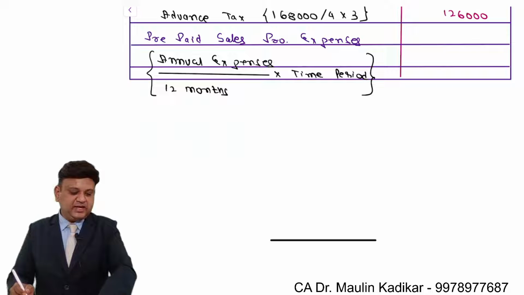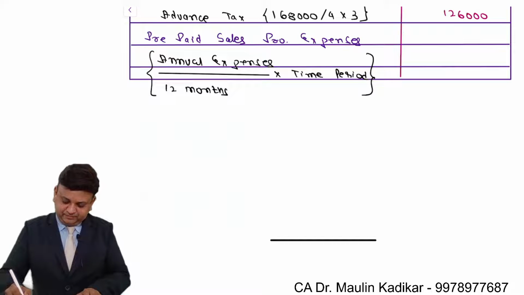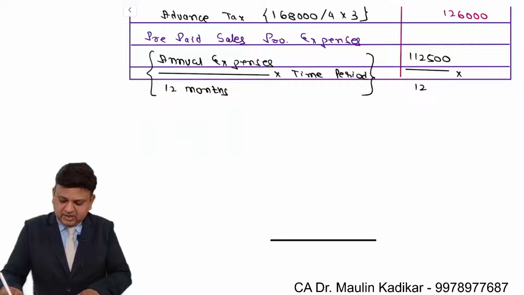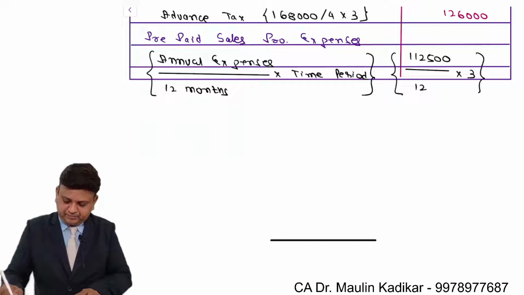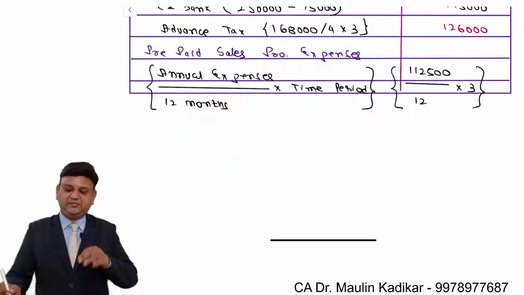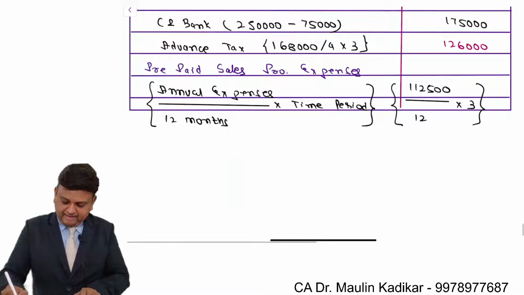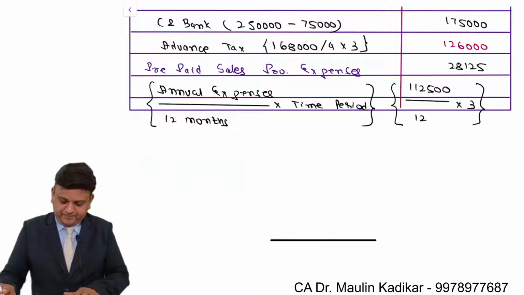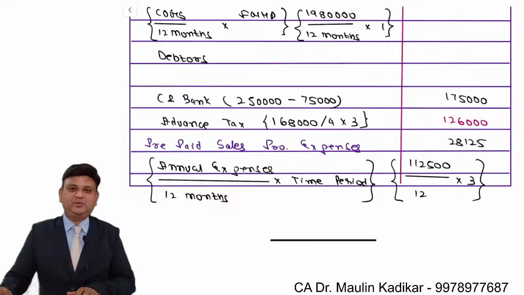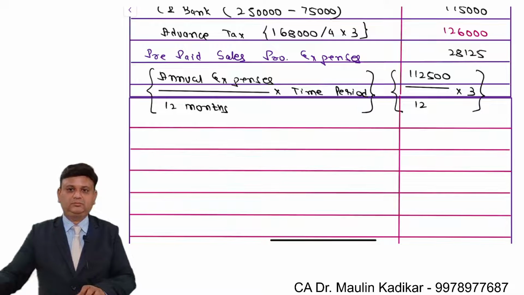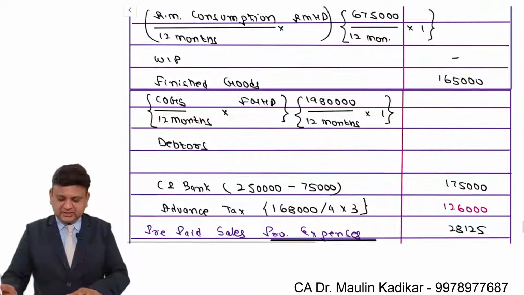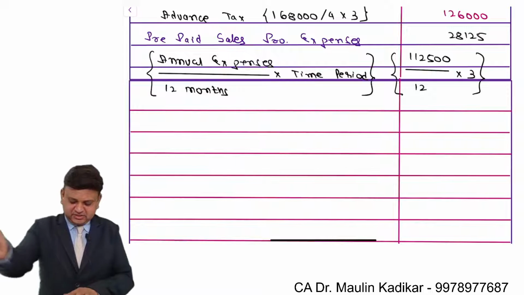The annual expenses are 1,12,500 divided by 12 into 3, because one quarter consists of 3 months. 1,12,500 into 3 divided by 12 is 28,125. That is the way to calculate prepaid sales promotion expenses. So almost all the current assets are done except the debtors.